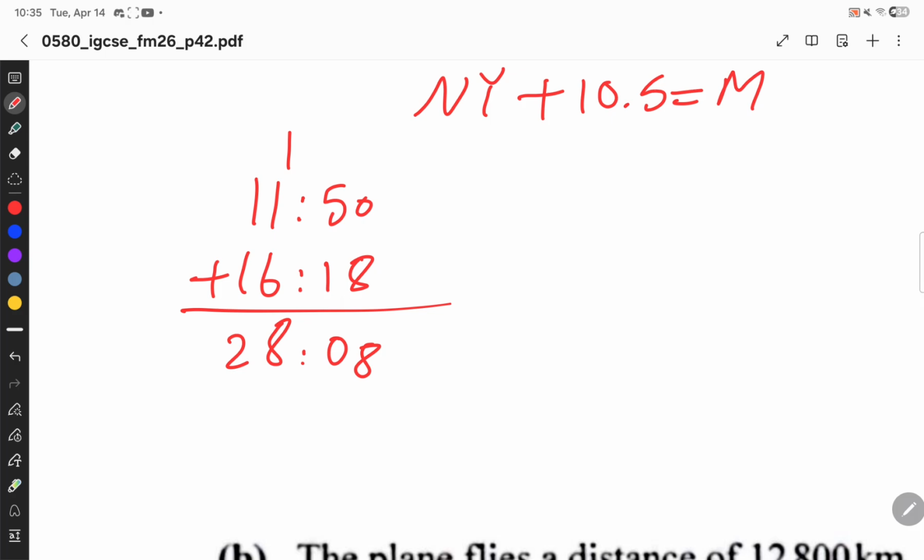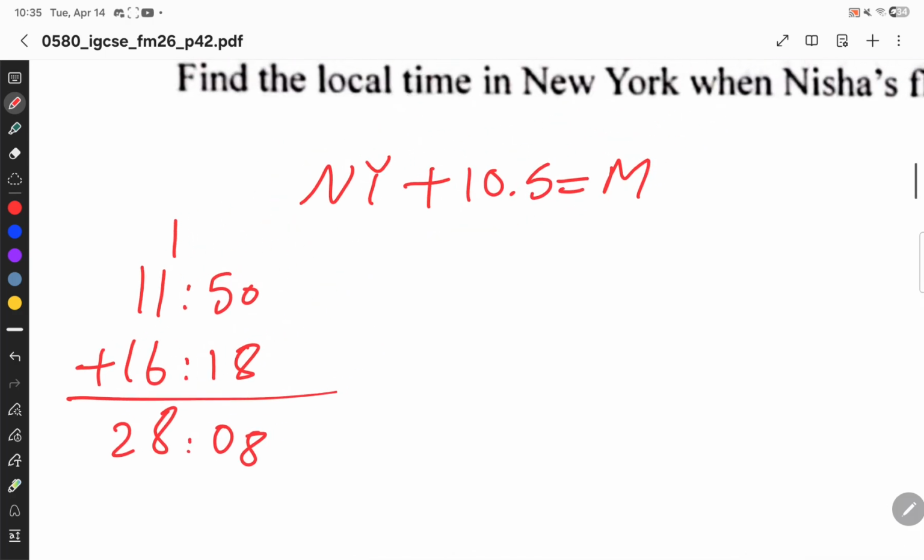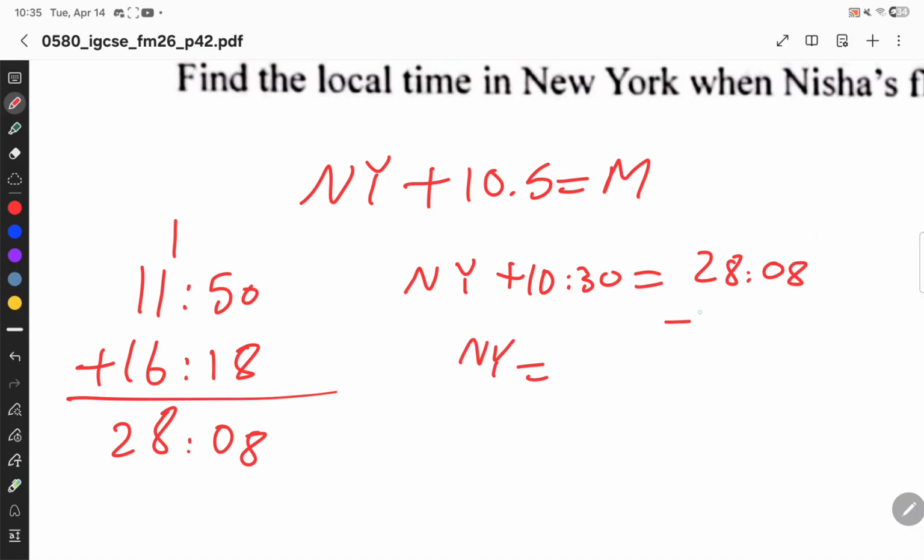But we do not need to convert it because we know this equation. 10.5 is 10:30, so NY plus 10:30 is equal to Mumbai time, which is 28:08. If we solve for New York, it will be minus 10:30.